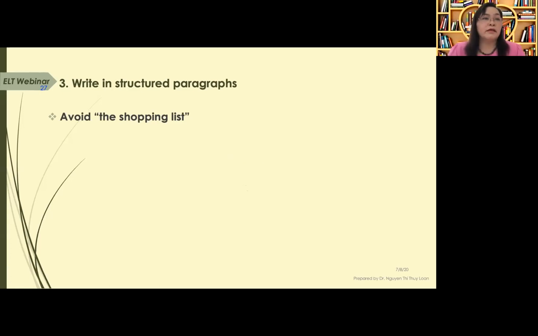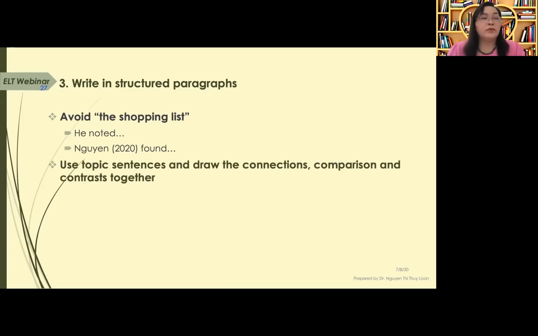You summarize each one by one, and that's what you need to avoid, because it's not effective. It cannot help you argue for your perspective or research perspective or identity as well. So you should avoid saying researcher A says this, researcher B says that. No, that's not good. You have to start with the topic sentence.